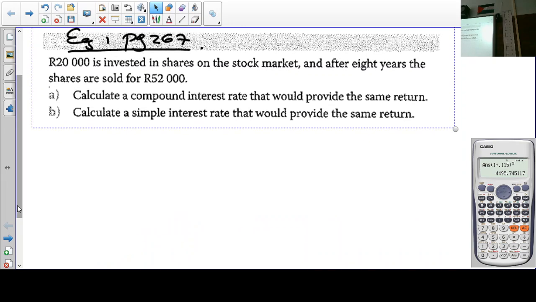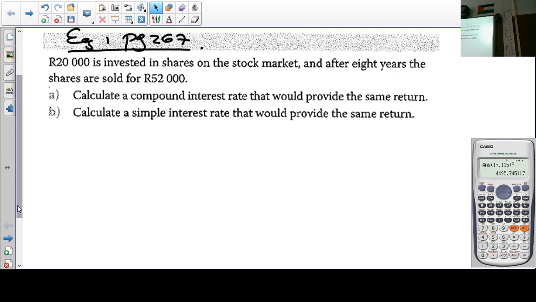You guys ready? So we are told in example 1 on page 267, 20,000 rand is invested in shares on the stock market. What does that 20,000 represent? Your principal amount, your initial value, which is your P value. So your P value is going to be 20,000 rand.